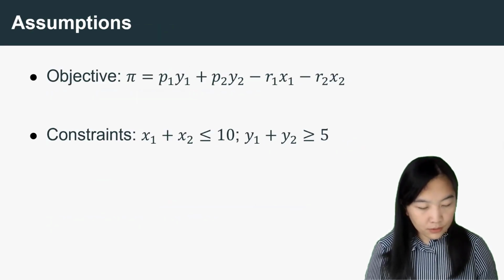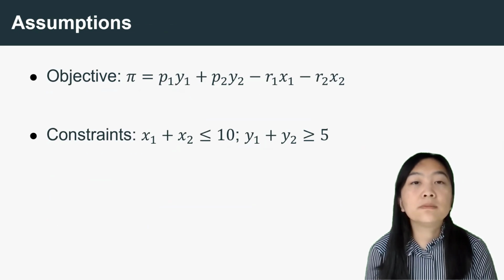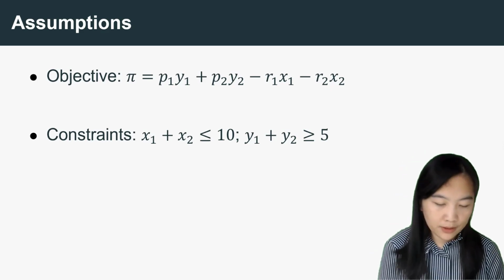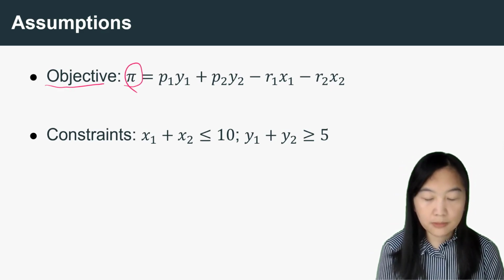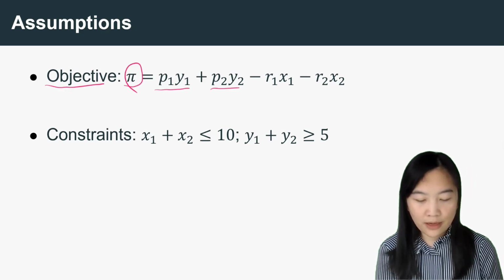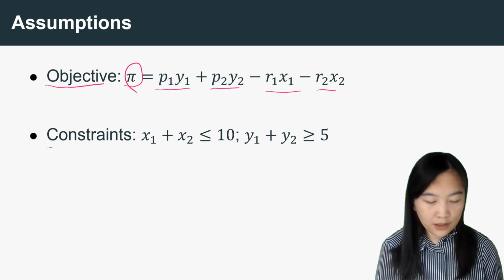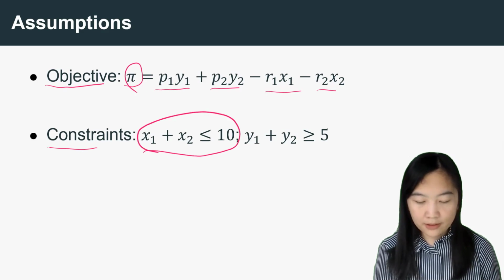So just to give you an example, the objective function could be a profit function, which is the revenue minus the cost of production. For a constraint, I already explained this one.